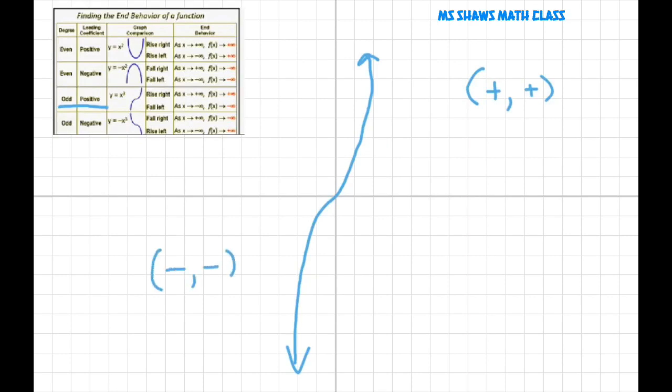So that's what this means: as x goes to positive infinity, so does y. And the same thing for quadrant 3: when x tends to go negative, so does y. Basically, this is going to be our starting and ending point. We're going to be starting in quadrant 3 and ending in quadrant 1 as we graph from left to right.